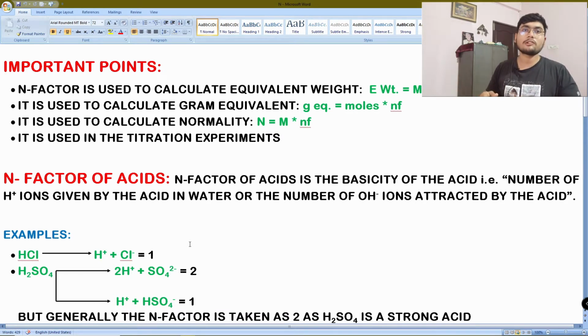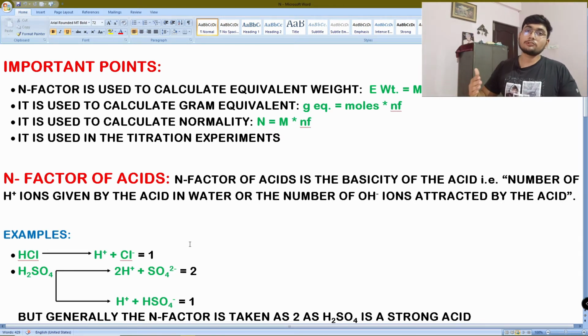When you dissolve any acid in water, the number of H+ ions it liberates is known as its basicity. Or you can also say that the number of OH- ions an acid attracts is known as its basicity. So the n factor of an acid is its basicity.